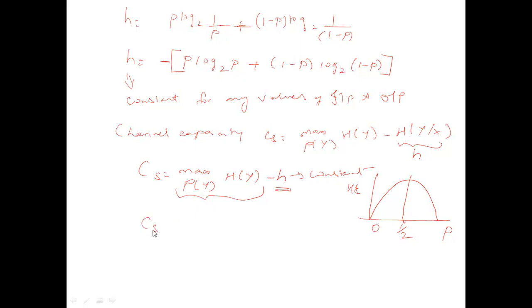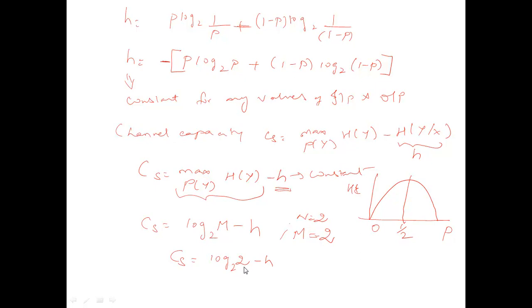Therefore we know, so we are having 2 inputs. Therefore Cs is nothing but log base 2 of capital M minus h, and M equal to 2 in our case, because we are talking about a binary channel. Input is also 2, output is also 2, so capital N is also 2, capital M is also 2. Therefore Cs is nothing but log base 2 of 2 minus h.